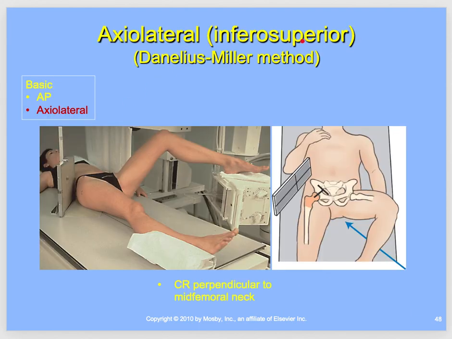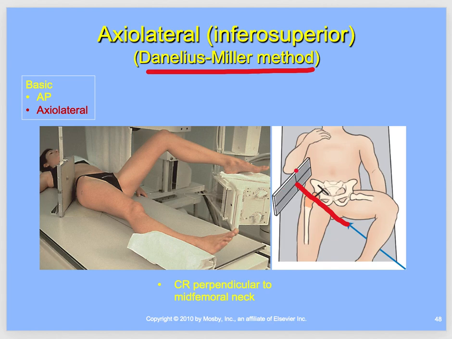So your axiolateral inferior superior, also known as the Danelius-Miller method, the unaffected leg is going to be raised up. Sometimes you can prop it on that tube head. Other times somebody's going to have to hold it up, however you have to do it to keep it out of the way. And your central ray is coming in to that femoral neck and then to that image receptor.